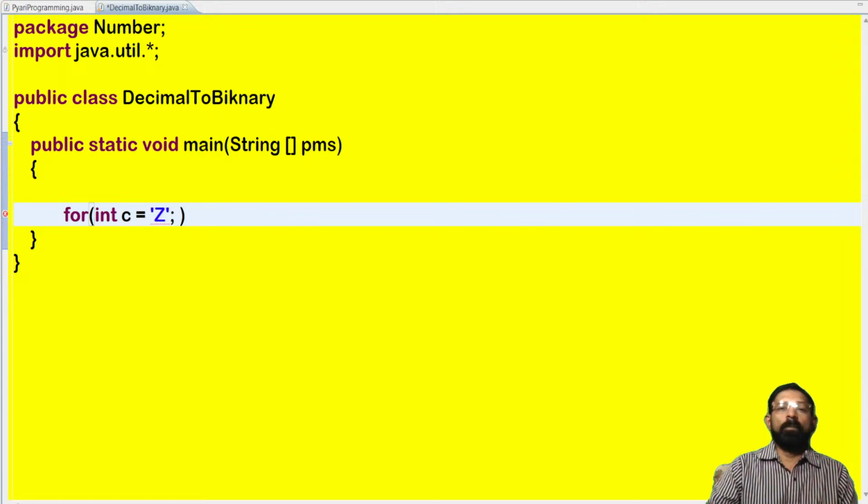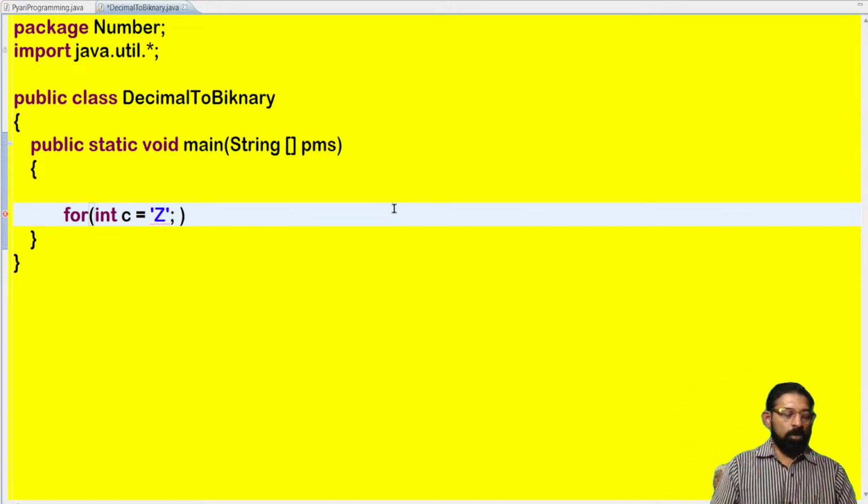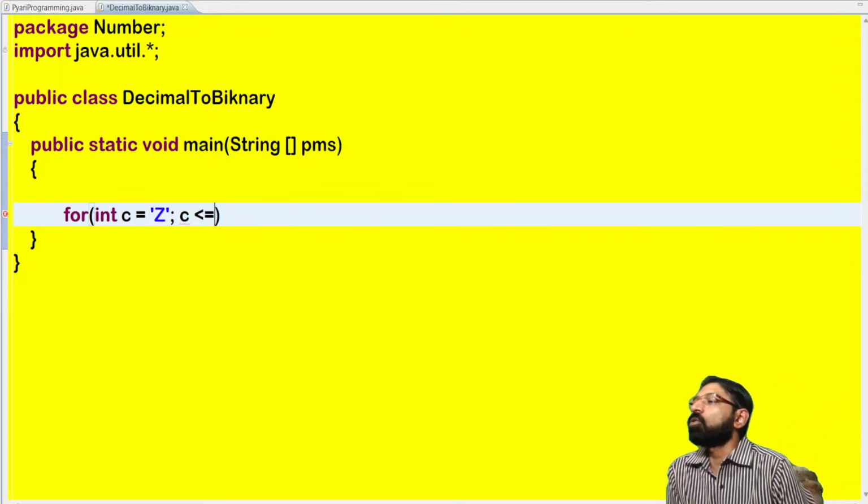What is the next one? C is equal to Z. Next part, tell me. Yes, next part. C is less than equals to or greater than equals to? Quickly, why have you stopped, everyone?